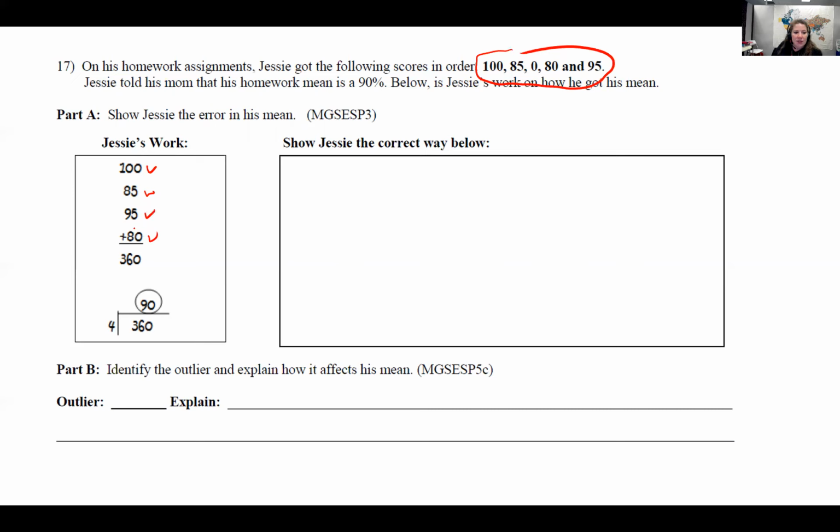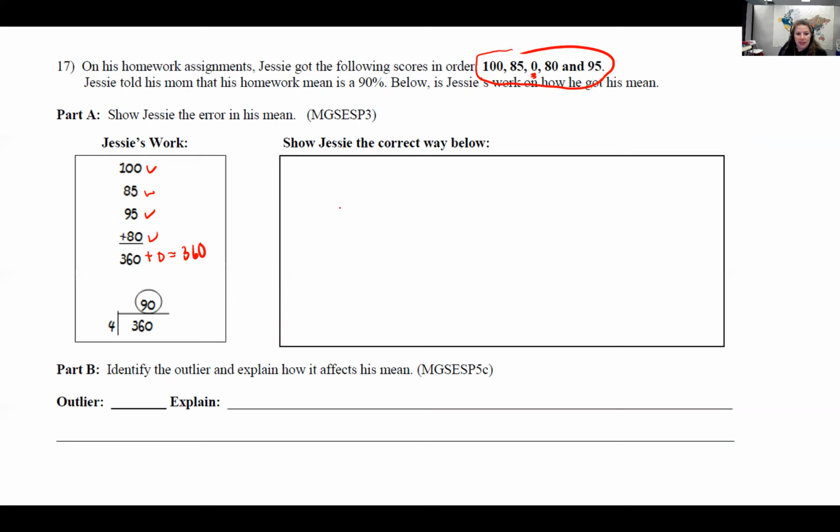So he added all the numbers up together, right? Even though if I wrote plus 0, it wouldn't change the sum of my numbers. However, if that's a score he made, you still have to use that number when you calculate the mean. So he shouldn't have divided by 4. He should have divided by 1, 2, 3, 4, 5. So he definitely made an error.